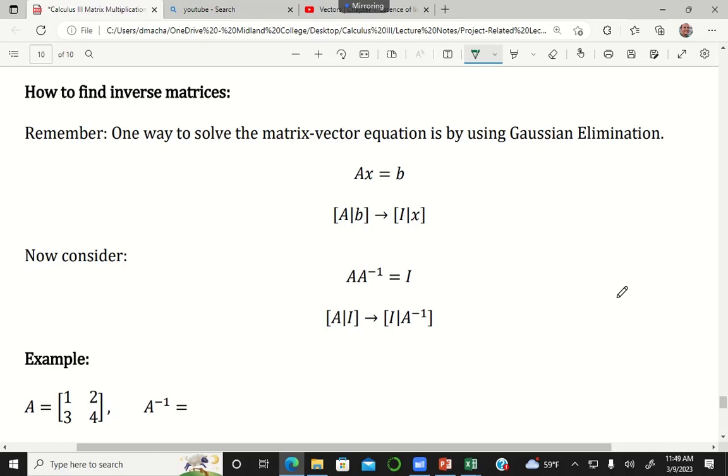So you could solve this matrix vector equation using Gaussian elimination, where you augment A with b, and then you do that algorithm and you find the identity matrix augmented with x. Now, if I replace that x vector with the inverse matrix, then the equation A times the inverse matrix of A is equal to the identity matrix.